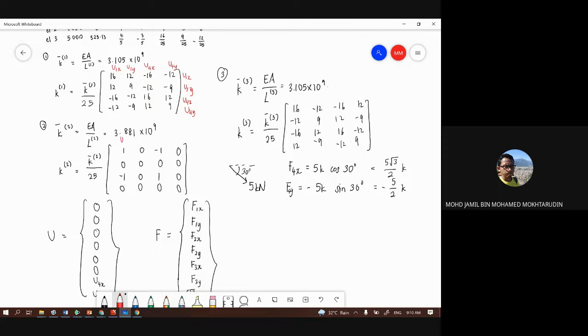Okay, so similarly, this one. Okay, so to find the matrix for the last two rows, we just need the elements that intersect this, I mean that have the row and column for u4x and u4y only.